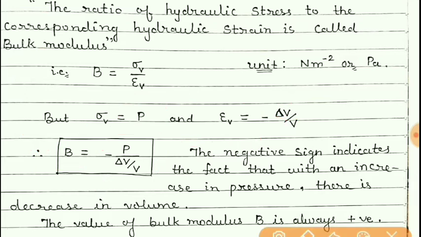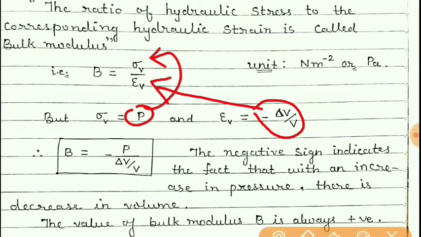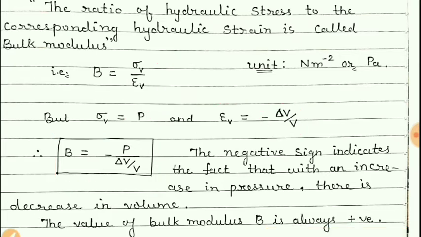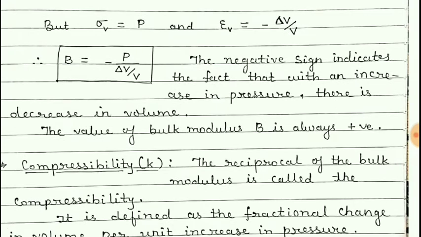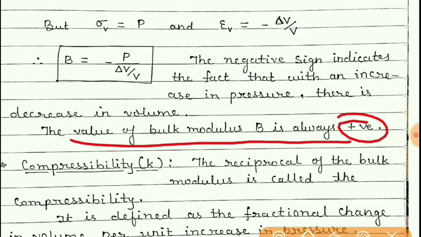Now simply put P in place of sigma V and minus delta V by V in place of epsilon V. We will get B is equal to minus P upon delta V by V. Remember this, bulk modulus is always positive.